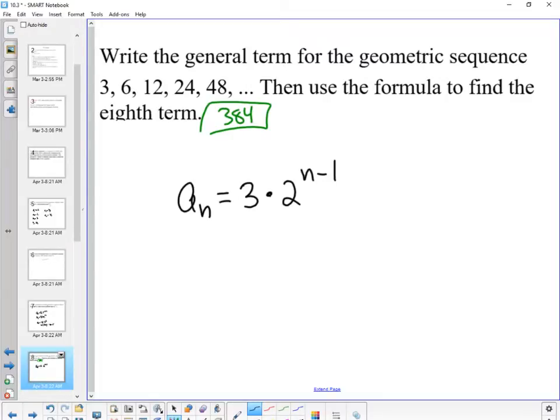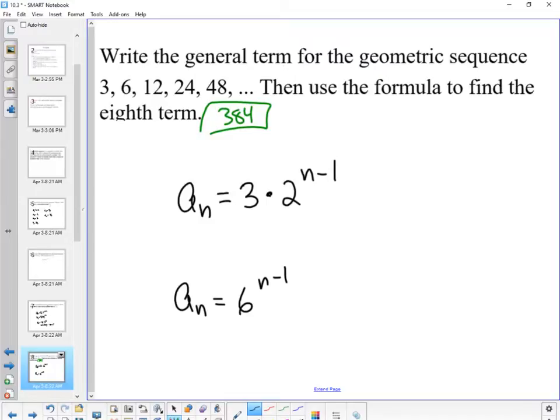How do you, is there another way you can find it? Because what if it's not as obvious what the common difference is? Like, what if it's square root of 3 over 2? This should be a common ratio, right?